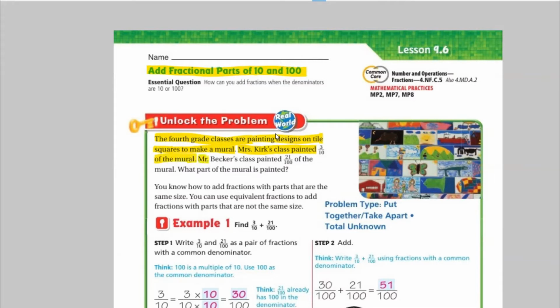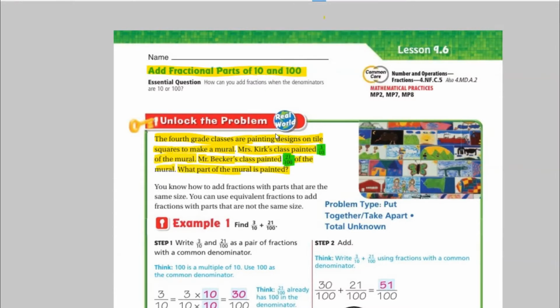Mr. Picker's class painted 21 over 100 of the mural. What part of the mural is painted?